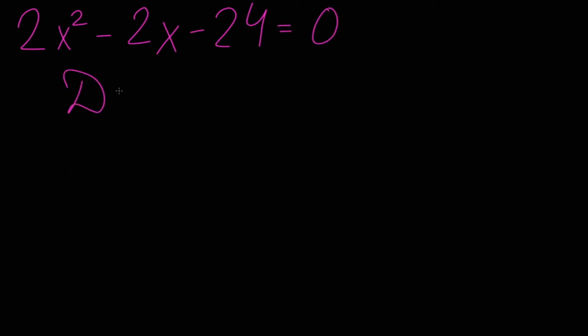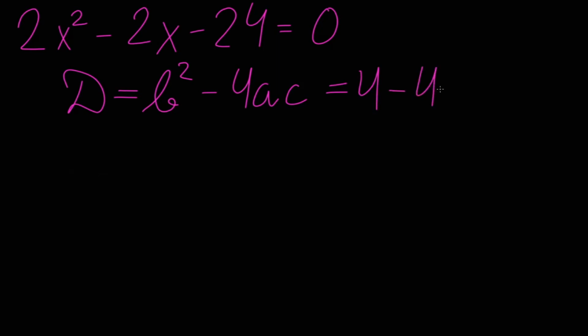So let's calculate the discriminant. It will be b squared minus 4 times a times c. B squared will be 4, minus 4 times 2 times minus 24.